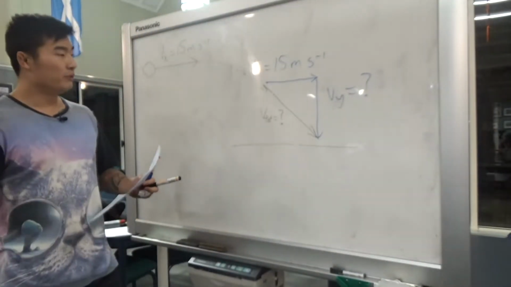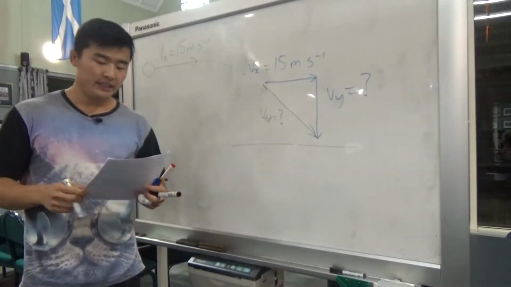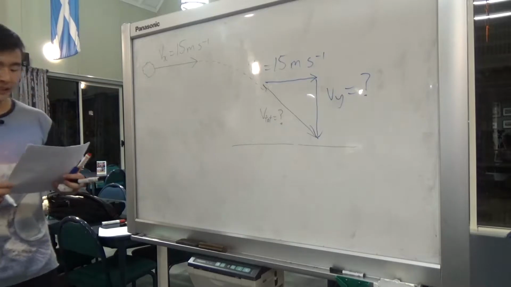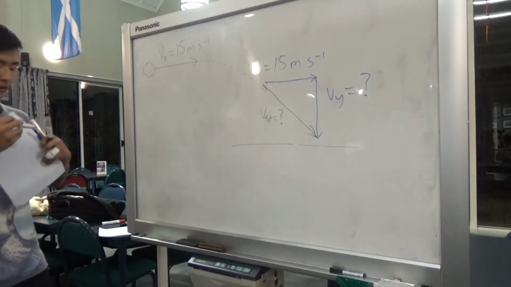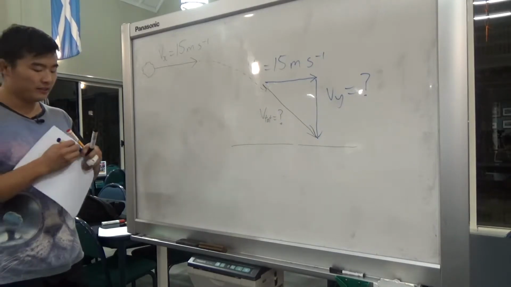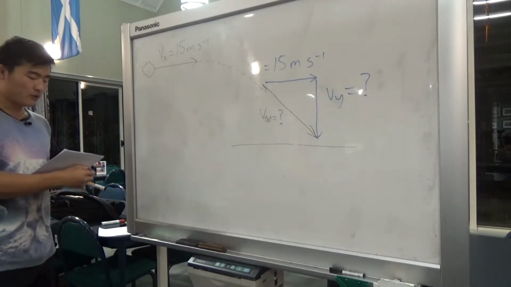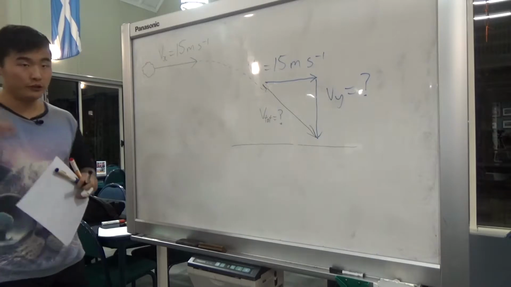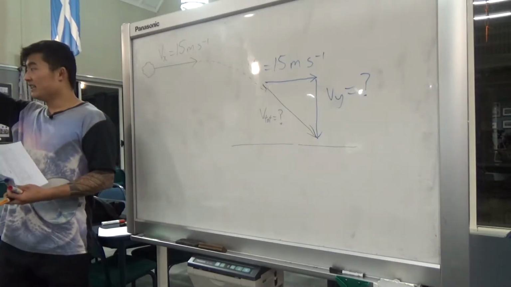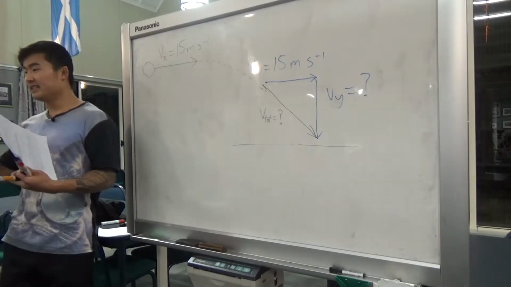Okay, so the way you're going to figure out the vertical velocity: we want to know the vertical speed when it hits the ground. We know that if you drop an object from a height, it's got potential energy, and as it drops, it's going to gain kinetic energy.